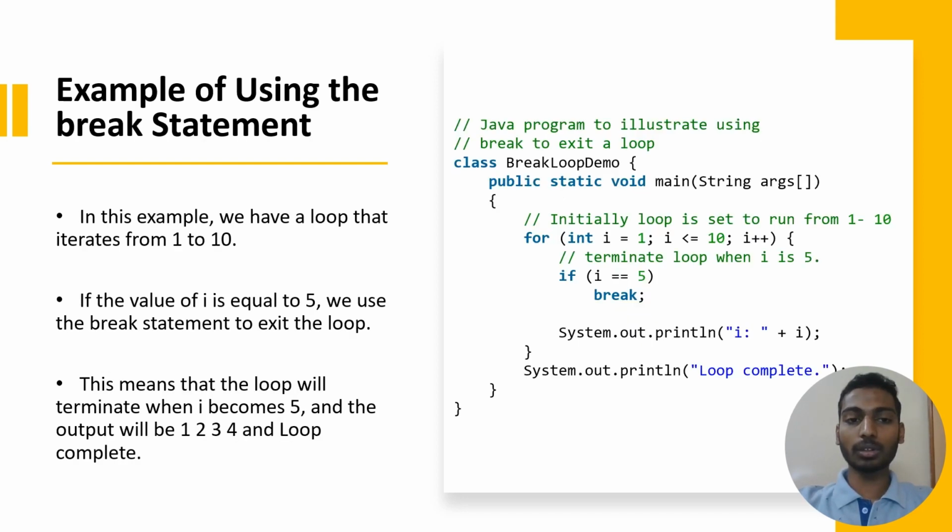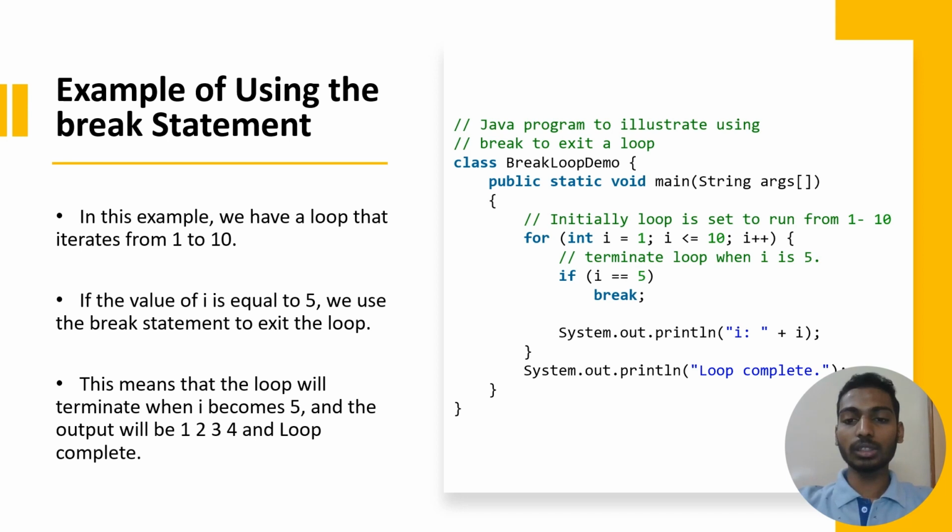Let's see an example of the break statement. In this example, I have used a class called BreakLoopDemo, and I have used a for loop that iterates from 1 to 10. I have then used an if condition.